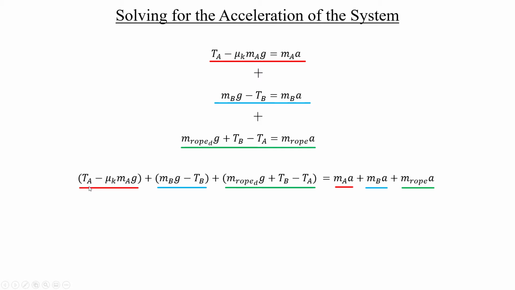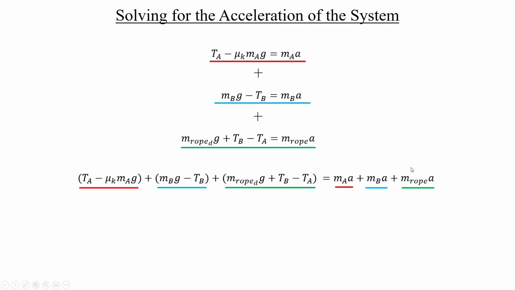We have a positive tension for A in this red, but we have a minus tension for A in the green. So those will cancel out. And we have a positive tension for B in the green here and a negative tension for B in the blue. So those will cancel out as well. One more thing, we have an acceleration term in every single piece over here on the right-hand side.